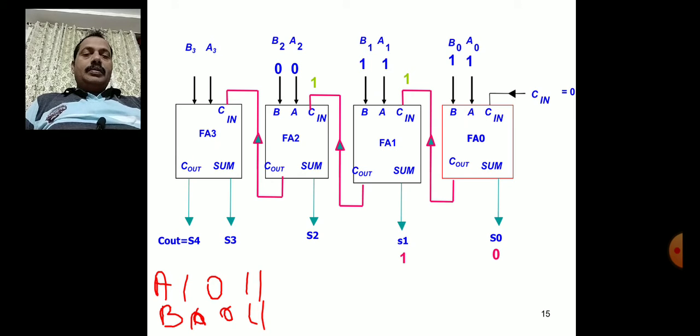A2 B2 are 0 0, and 0 plus 0 plus 1 gives sum 1, carry 0. Finally A3 B3 are 1 0, so 1 plus 0 plus 0 gives sum 1 and carry 0. So the final carry is 0 and the sum bits are 1 1 1 0.